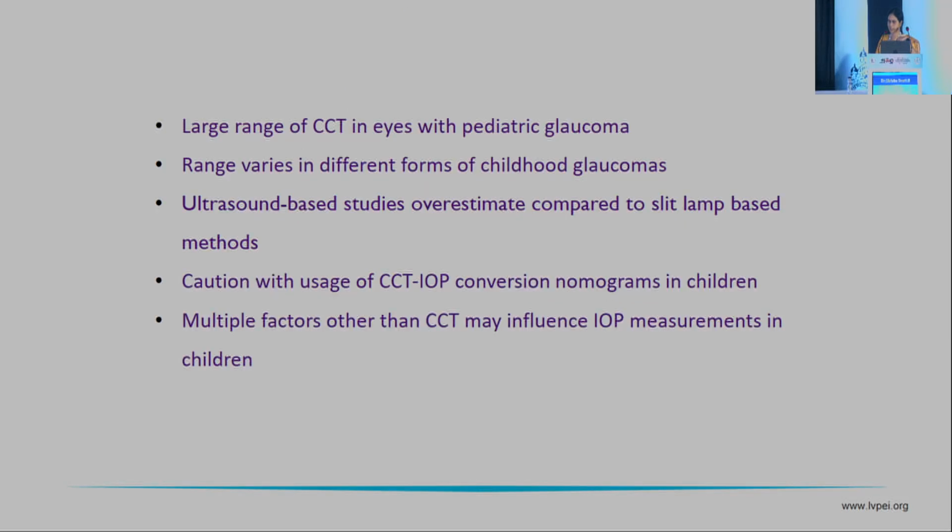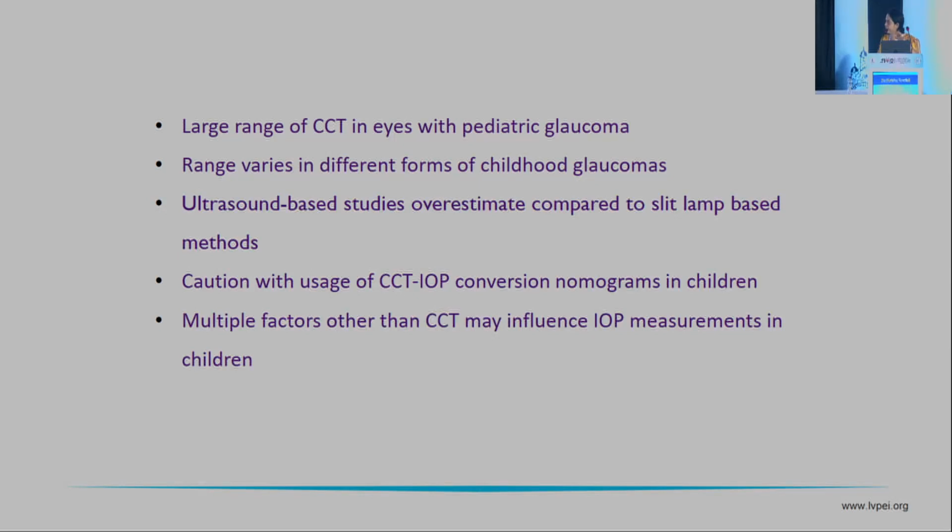CCT is what. So if anybody wants to add this, while I agree with Dr. Shanta that for CCT you don't want to really use a nomogram or anything like that, but I think what is very important is if you have a central corneal thickness that is very high and you have a borderline intraocular pressure and there is no myopic shift in refraction and the cup to disc ratio is normal, then I may not want to treat that, especially if it is following congenital cataract surgery. I may want to observe.